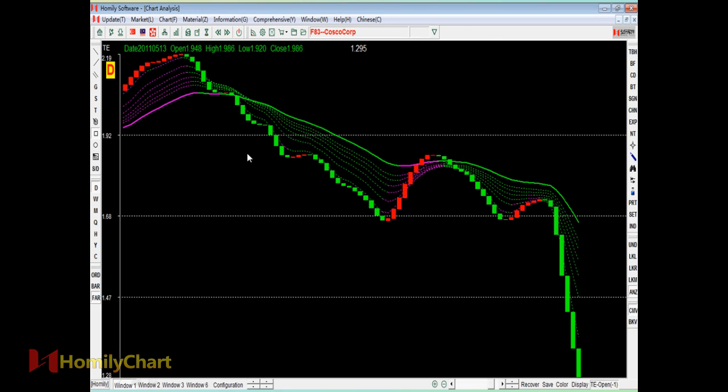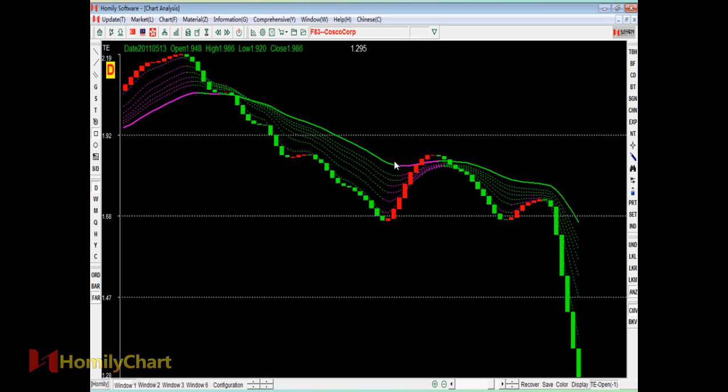Just now I already told you, the main line stands for the medium-term trend. If the main line goes down and the Dow candlestick is below the main line, it tells us that the trend is in the downtrend.